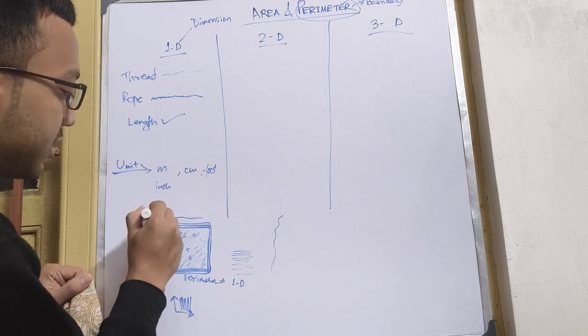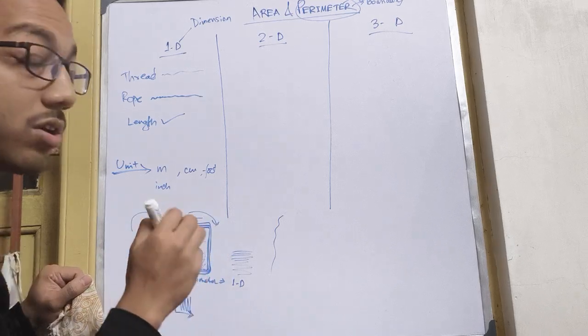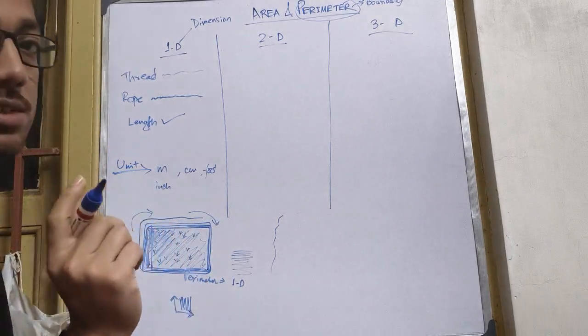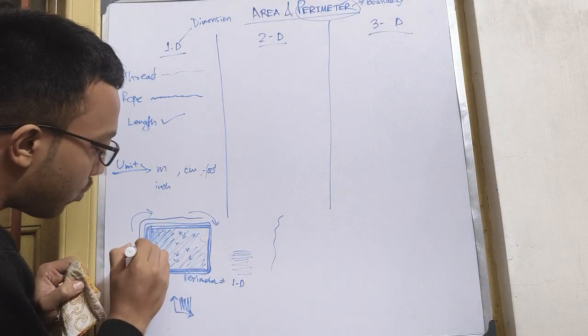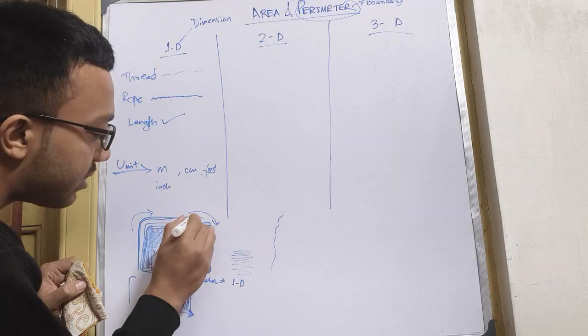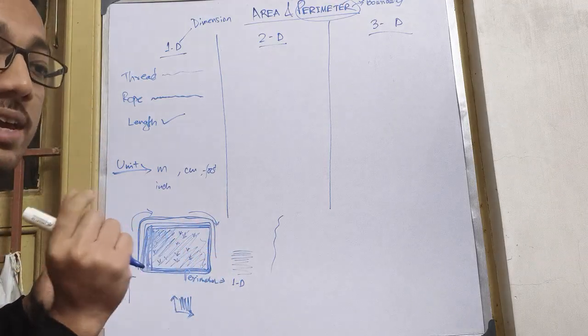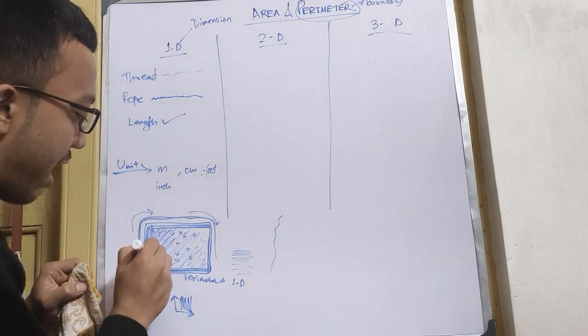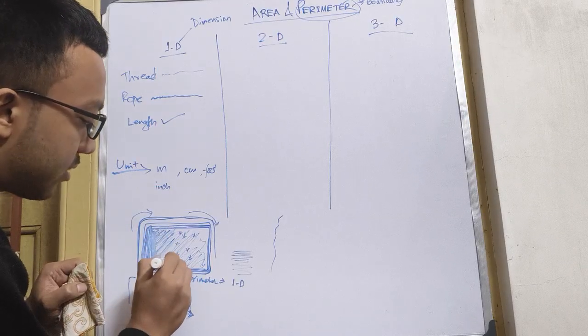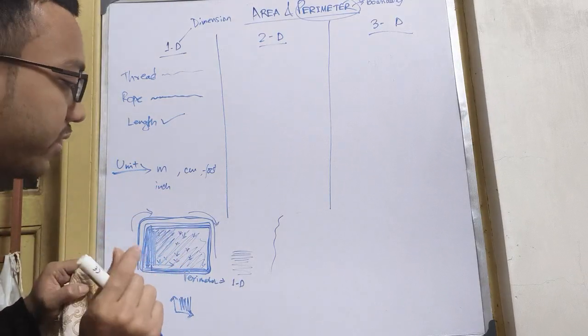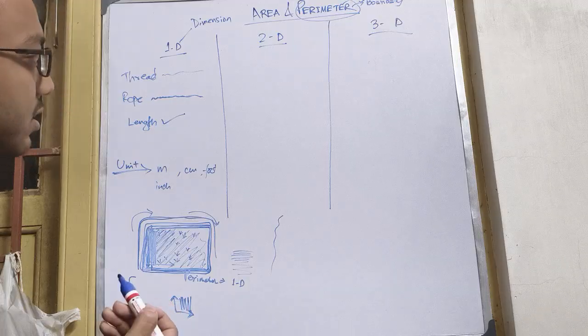But that is not a direction change. Direction change means you cannot measure it with a single rope. You have to go in a different direction, like this. You are getting my point. I think this is clear.